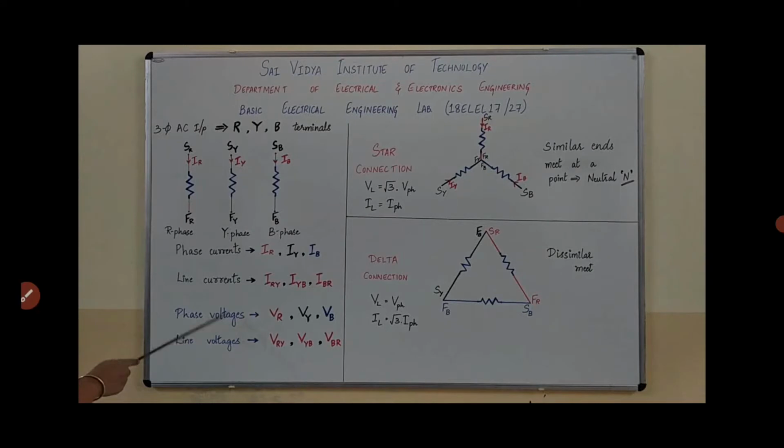Then the phase voltages, that is measured between start of R phase and the finish of R phase, are indicated as VR, VY and VB. Then the line voltage, that is the voltage measured between R, Y and B terminals, is indicated as VRY, VYB and VBR.